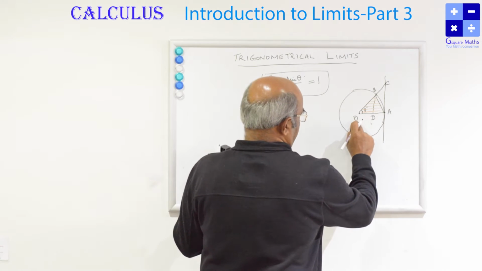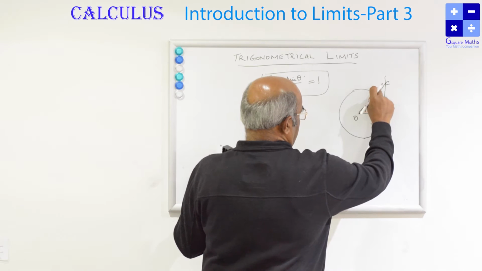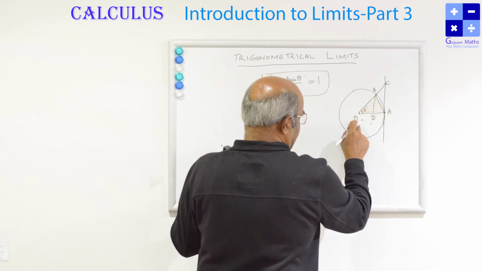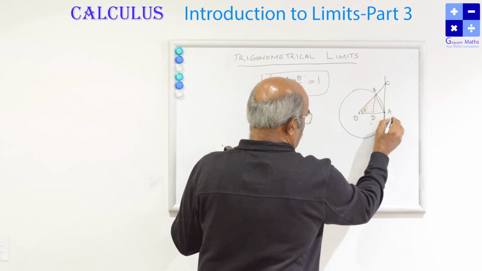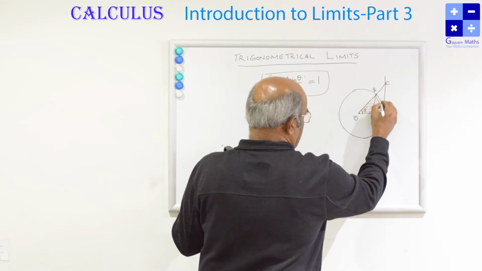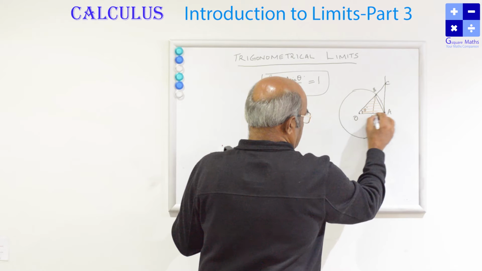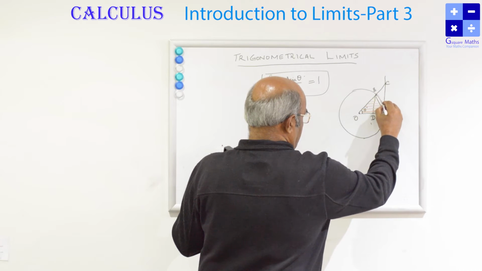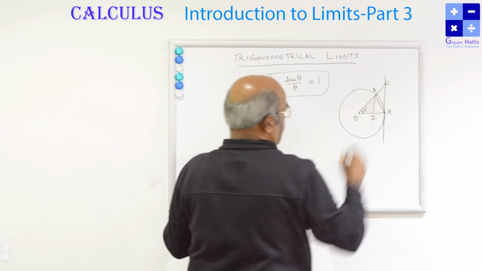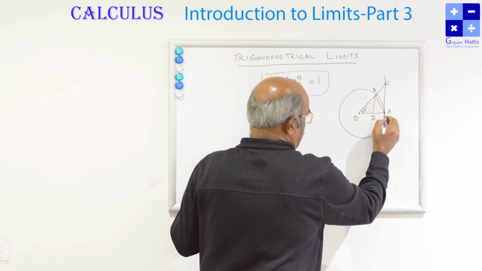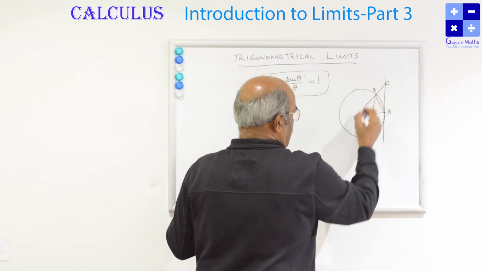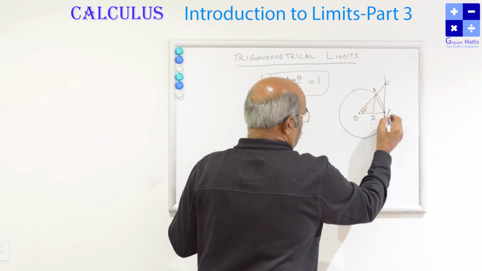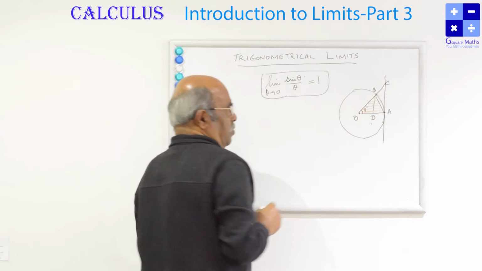One is the area of triangle OAB. Another is sector OAB. What is sector OAB? OA, this and this, this portion is the sector. And the third is triangle OAC.